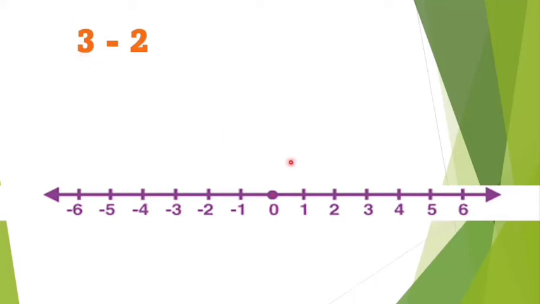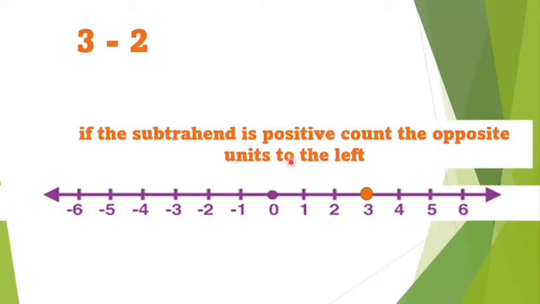Then, we follow this instruction. If the subtrahend is positive, count the opposite units to the left. So, dito na yung papasok yung additive inverse. So, gagamitin natin ng additive inverse or opposite sign ang ating subtrahend.